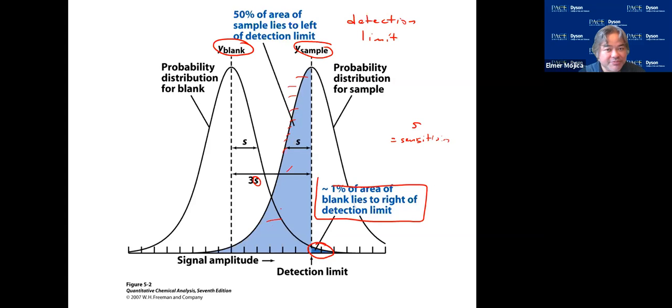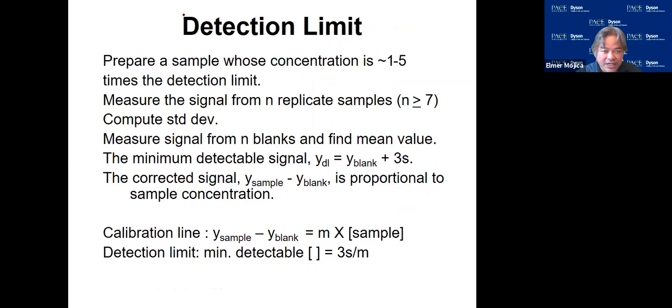Most of the time, the signal of your sample will be at 50% in the area of the detection limit. And for your blank, 1% of that will lie at least at the detection limit. So let's try to see how we determine the detection limit.